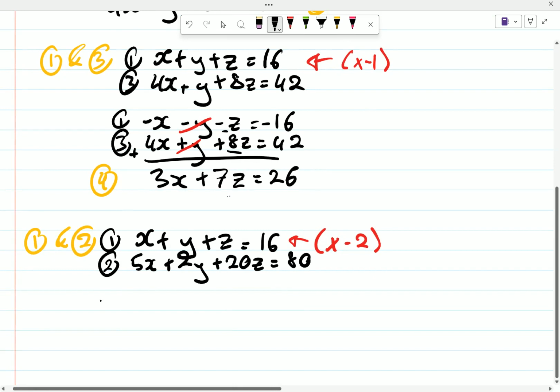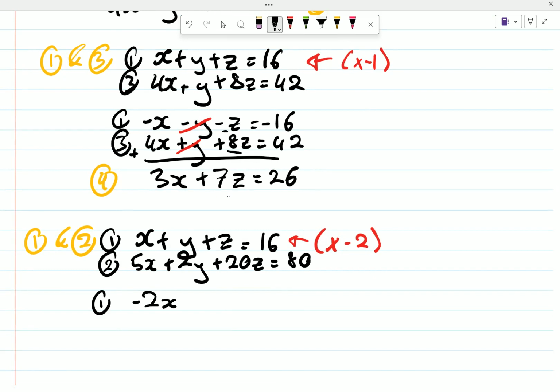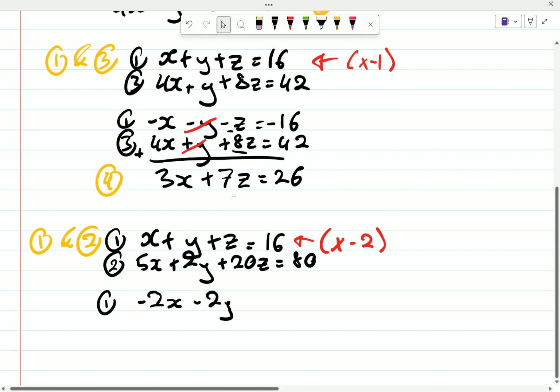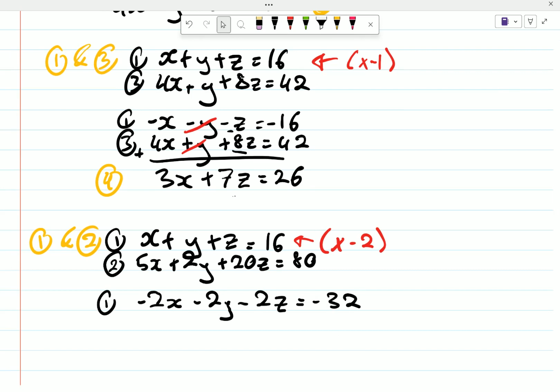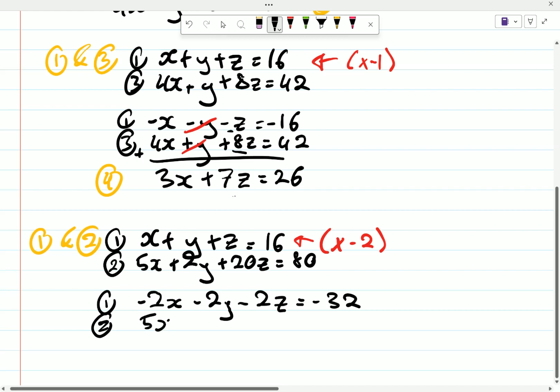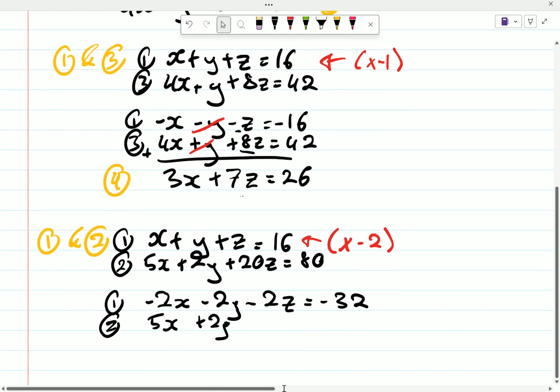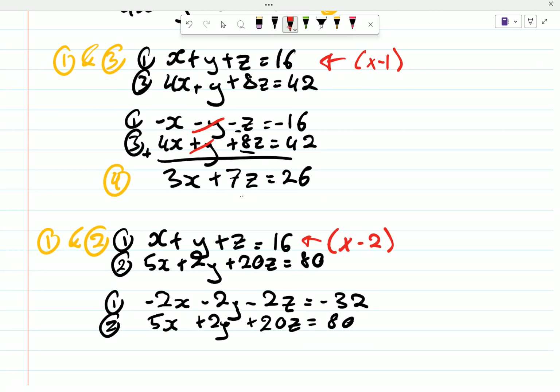Let's rewrite 1 and multiply by minus 2. So this is minus 2x, minus 2y, minus 2z, equal to minus 32. And 2 we can leave alone, so plus 2y plus 20z equals 80.